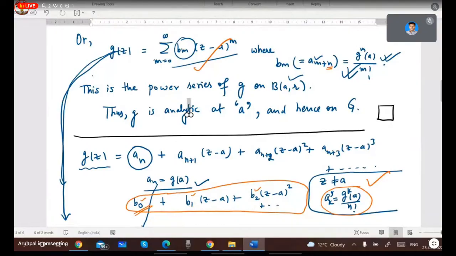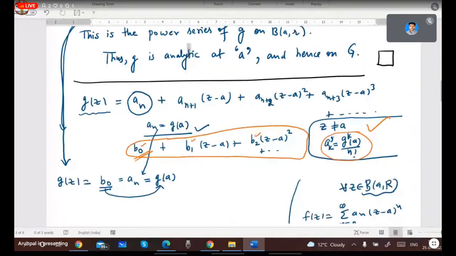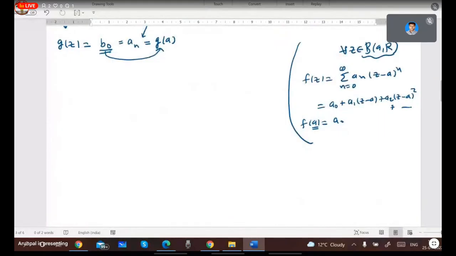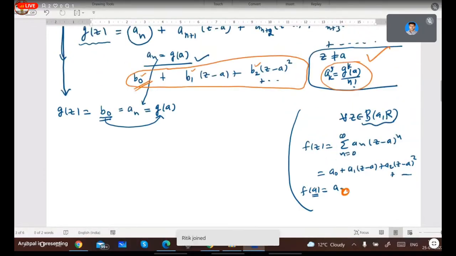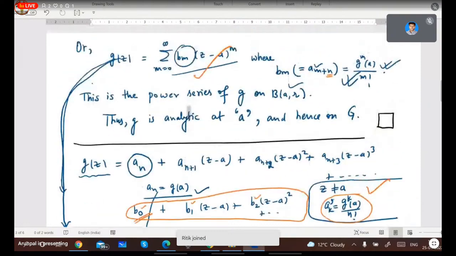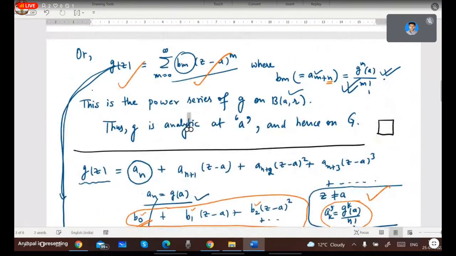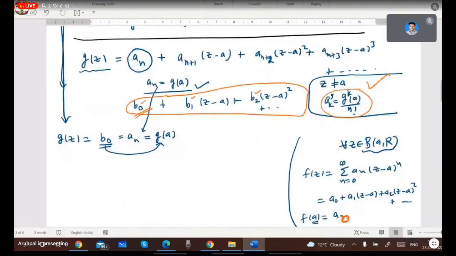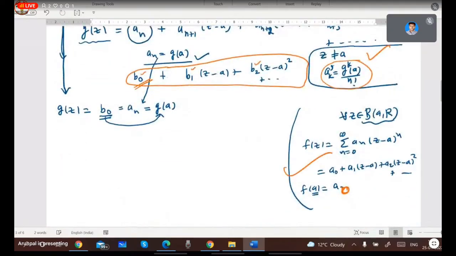So someone would have asked me, sir, this is the nth coefficient which is equal to f(a), but we should have the very first coefficient equal to f(a). So just to address all those questions, we do this kind of reindexing, so that we are fully convinced that it is exactly of the required form.